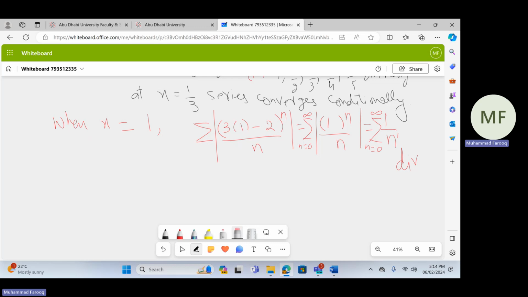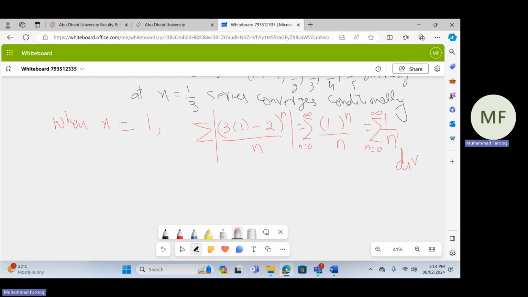Now look here: first with absolute value, the answer is divergent. Now just remove the absolute value. Is there any difference? Without absolute value, it also diverges. So with absolute value it diverges, without absolute value it diverges.